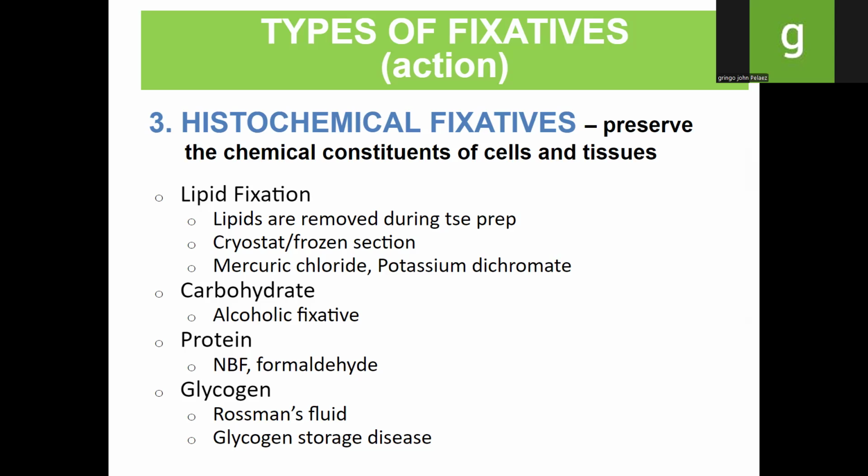Your carbohydrates, you can use your alcoholic fixative. For protein, you can use your formaldehyde and NBF, neutral buffered formalin. For glycogen, you can use your Rossman's fluid, especially when you want to diagnose glycogen storage diseases.